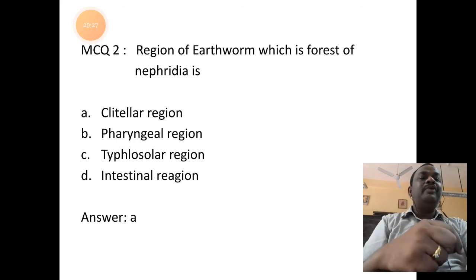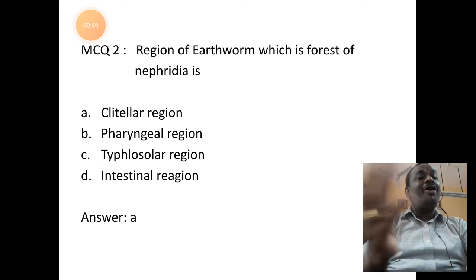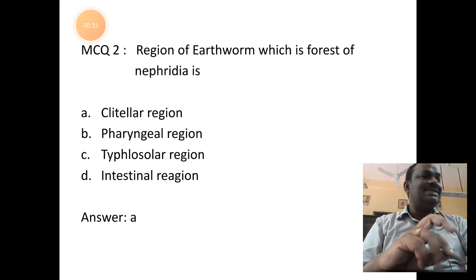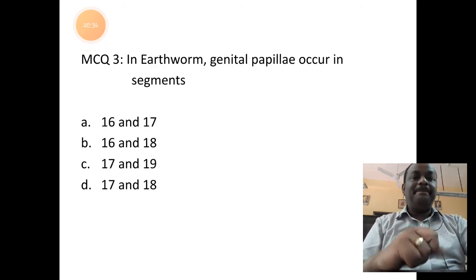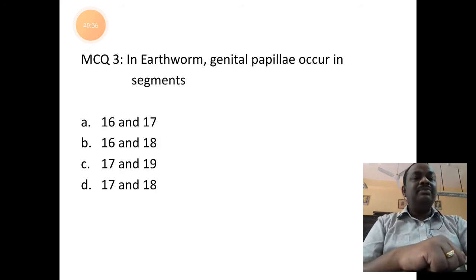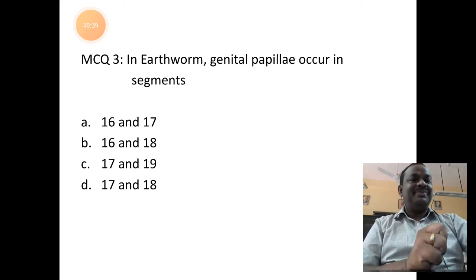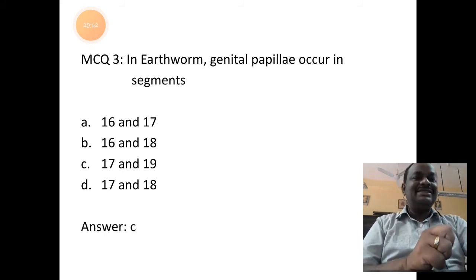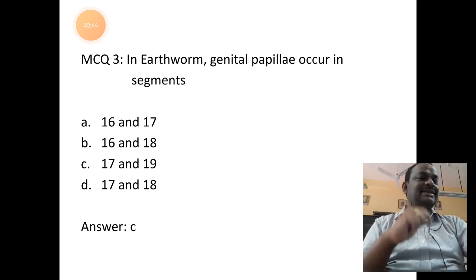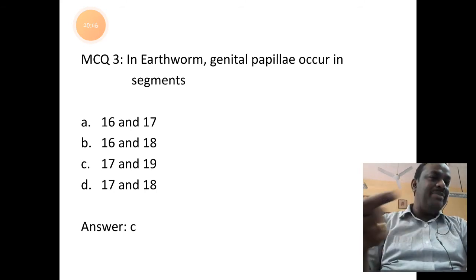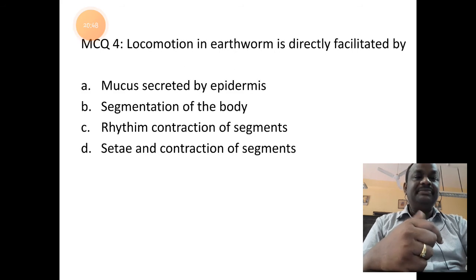The region of the earthworm which is generally called the forest of nephridia is the clitellum, A. In earthworm, genital papillae occur in which of the segments? It is 17 and 19, that is C. The 18th segment will have male genital openings.